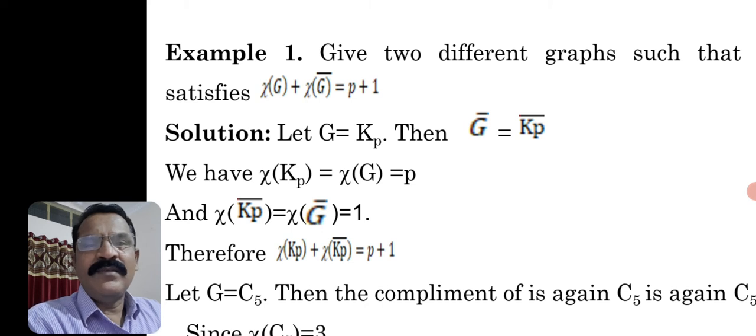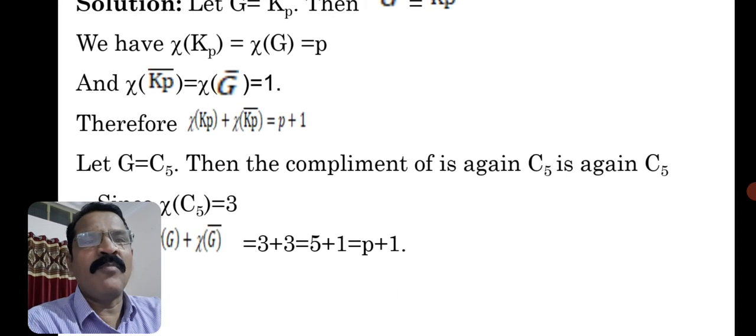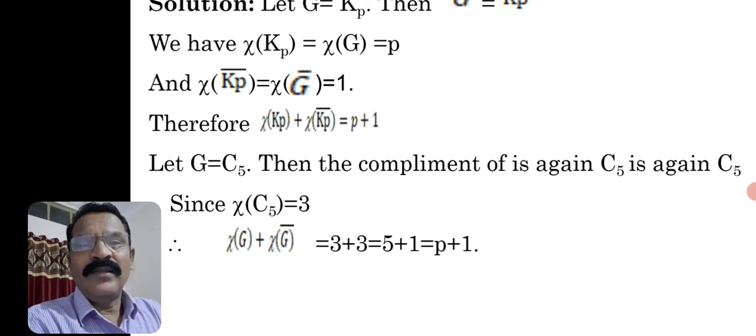Similarly, we try to consider another example. Suppose G is a cycle with 5 vertices. As I said already, it is a self-complementary graph. So if I ask you to find the complement of a cycle, you will again get a cycle, because it is a self-complementary graph.